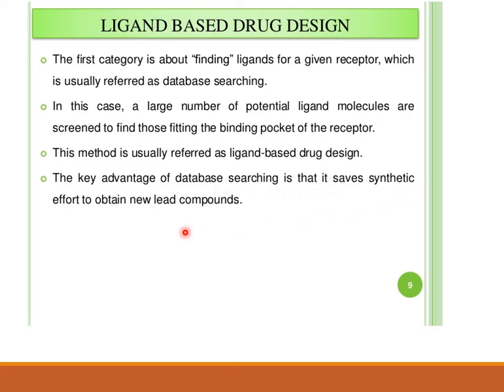There is a big chemical space. Millions and trillions of organic molecules are present in the market. Furthermore, a lot of drugs which are tested, which are going to be used by humans, are present in the market. This is called database searching.